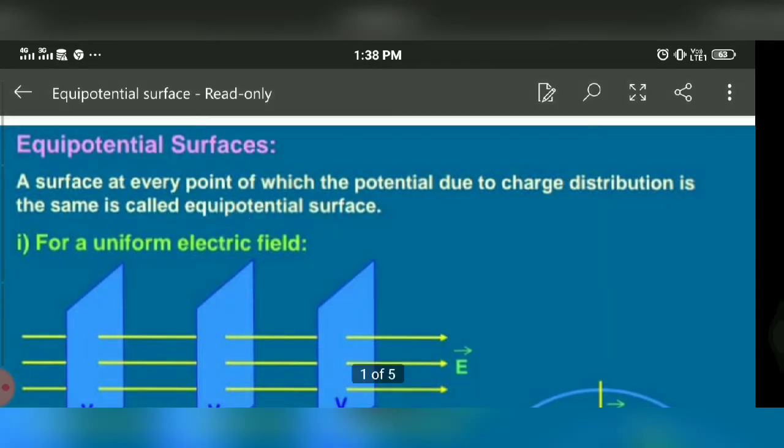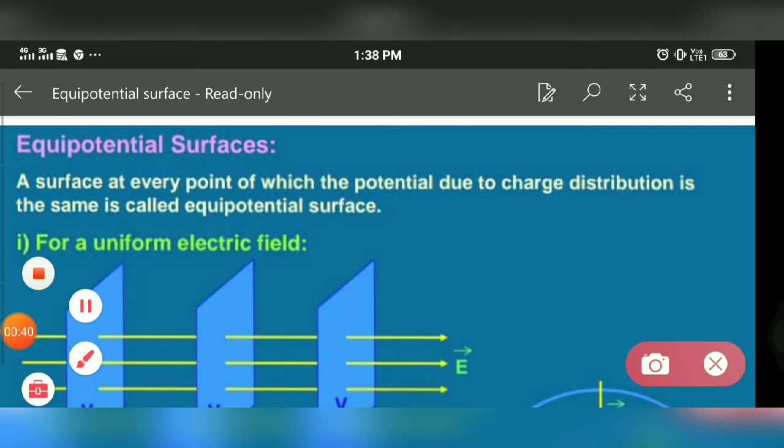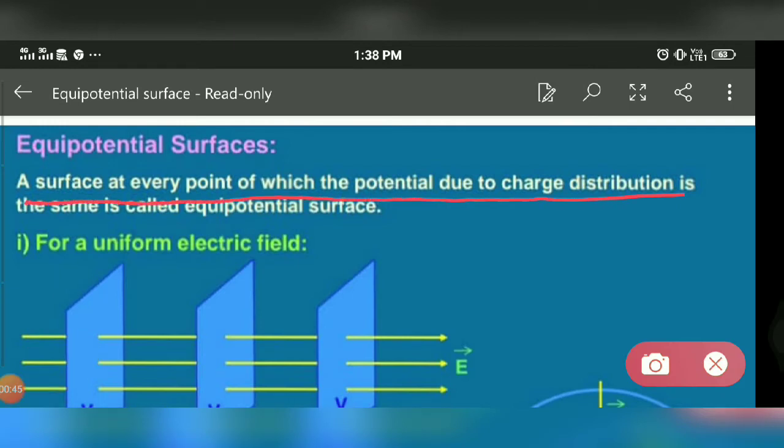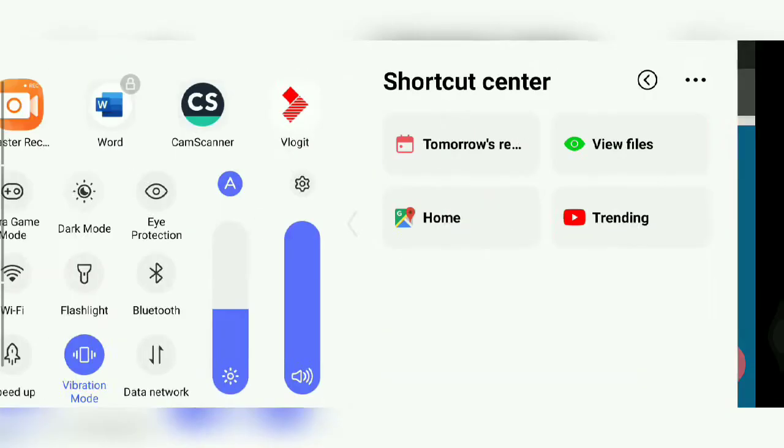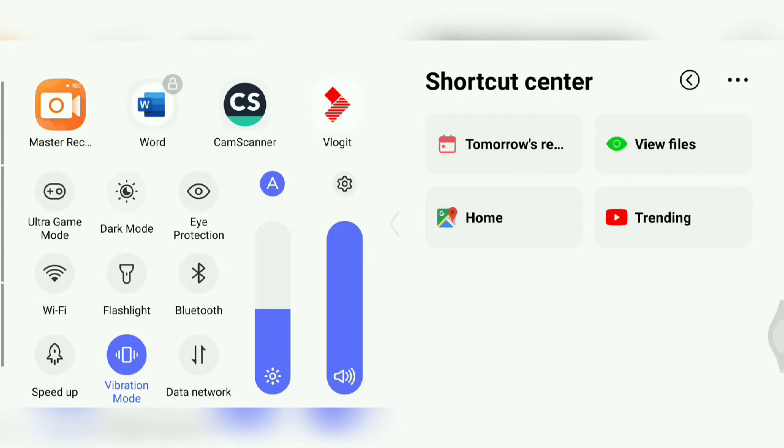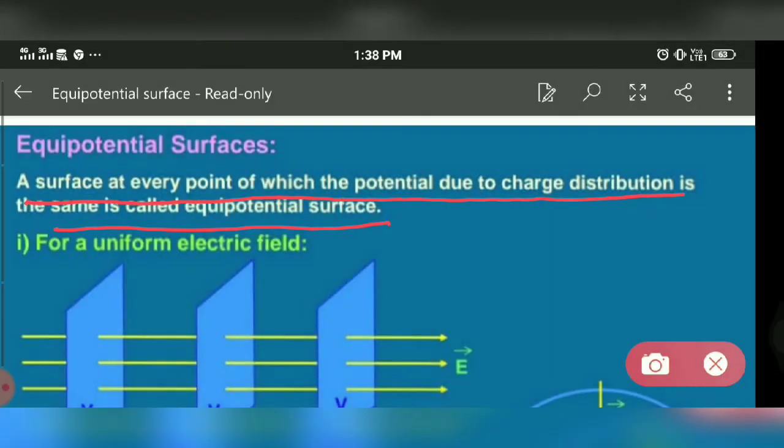Equipotential surfaces are those surfaces at every point of which the potential due to a charge distribution is the same. That is called equipotential. What is the name?